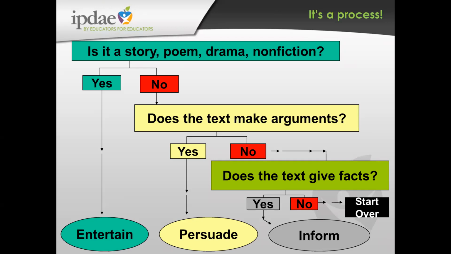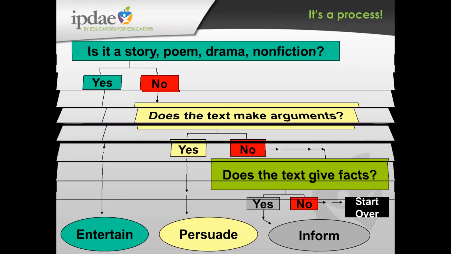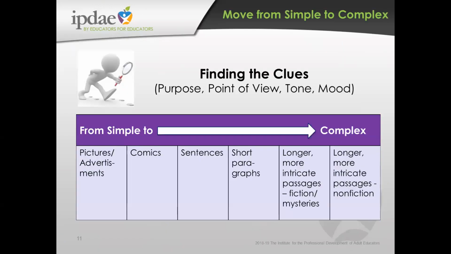So as we're talking today, I want you to remember and think about your own materials. As you're teaching purpose, point of view, tone, and mood, are you indeed moving from simple to complex? Are the materials you're using starting with simple to complex?